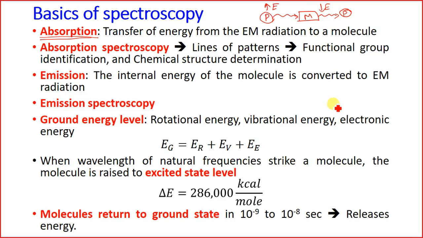A simple example of this I can give you. Many of you must have gone for X-ray radiography. So in X-ray radiography, what happens? There is a source S which generates X-rays, and on the other side you have an X-ray plate.